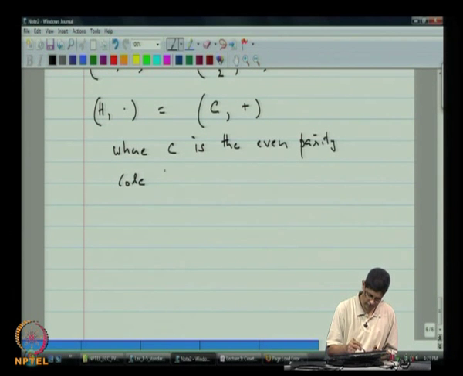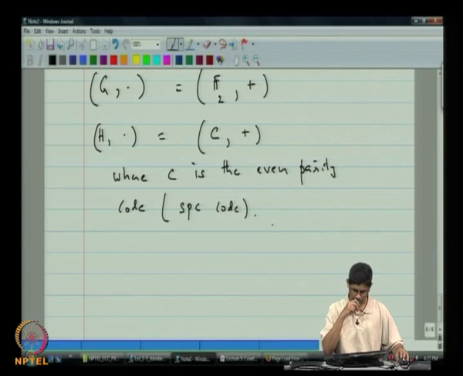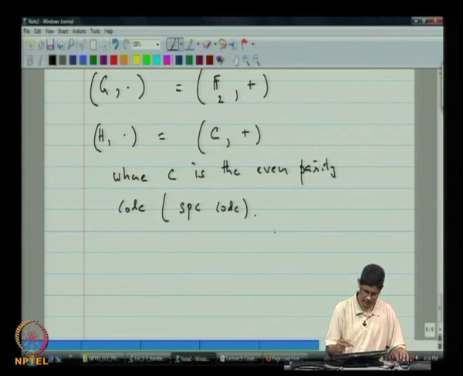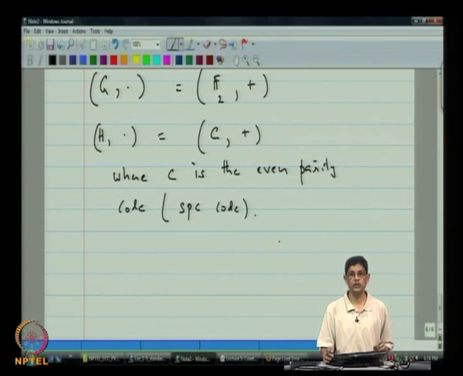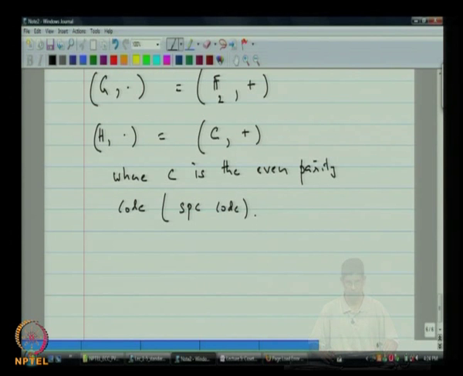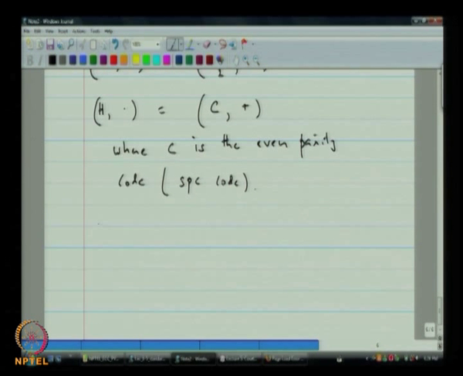We also call this the single parity check code. And we know that this is a subgroup, because this showed up earlier when we were checking for a subgroup.